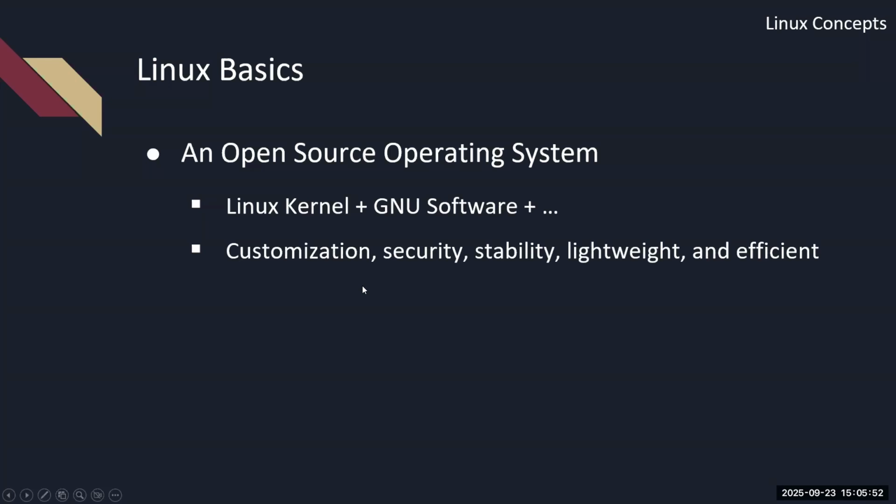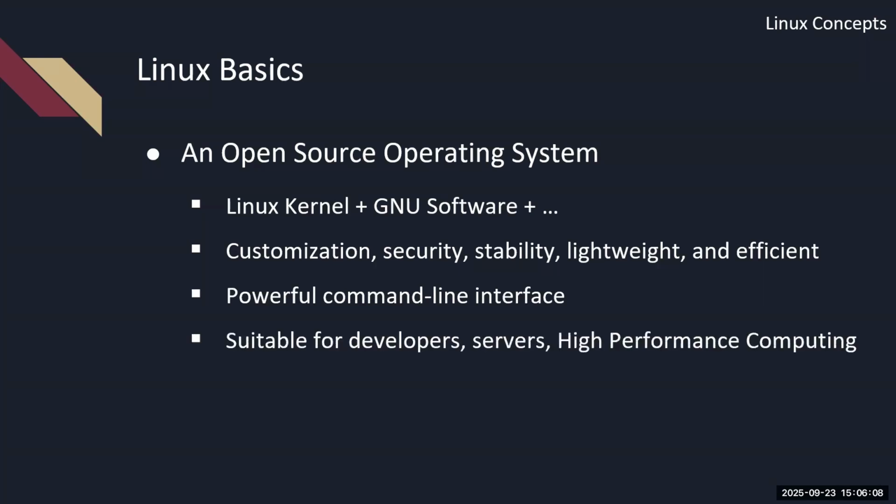And Linux has robust security and stability, lightweight and efficient. It can run on very small devices, and it can also run a very large scale system. So it has a powerful command line interface. So all of these features made Linux very popular among developers and HPC systems. So this is the basic thing about Linux.